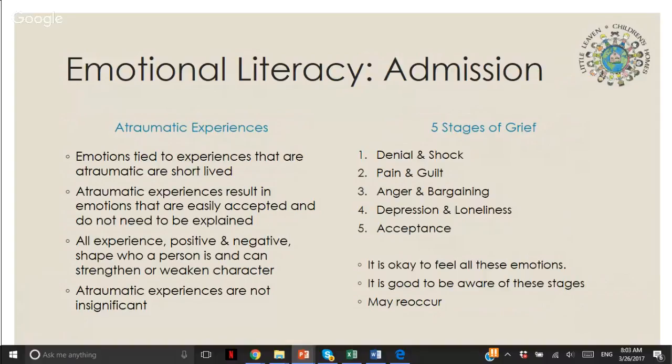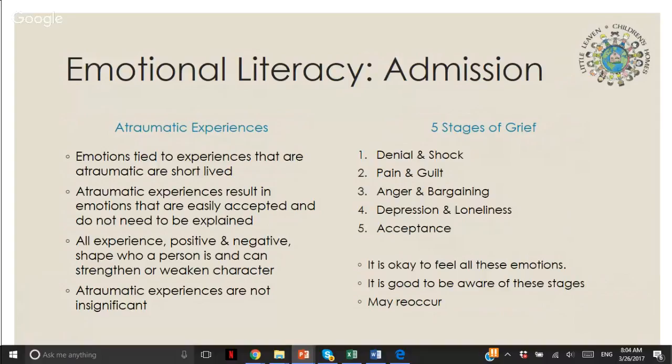And it's very okay. As a leader of children, as a teacher of children, we need to be aware that children will deny things, but that's a part of the natural process. It happens all the time.